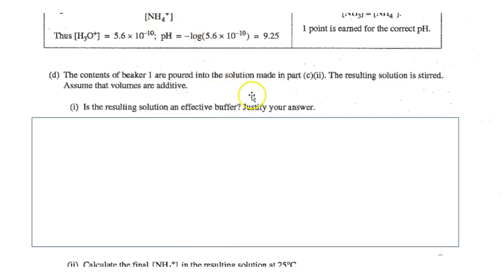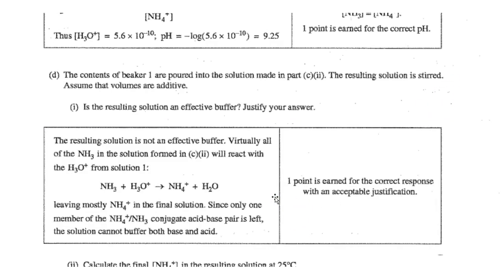But if you pour in HCl, it's going to totally wreck it because it's a strong acid and will react with all the ammonia. And here's how they describe it. It's not an effective buffer. All the ammonia in the solution will form ammonium because it's reacting with a strong acid, so you no longer have the conjugate acid-base pair.